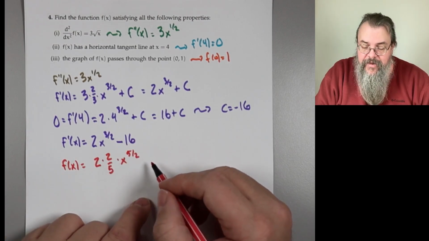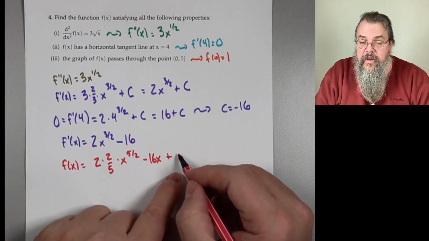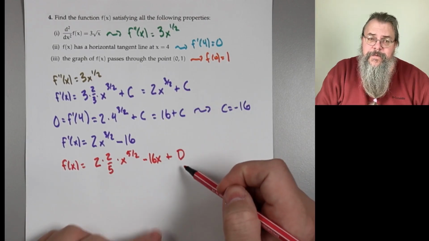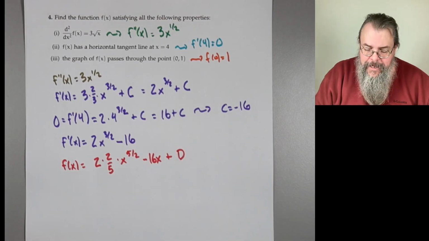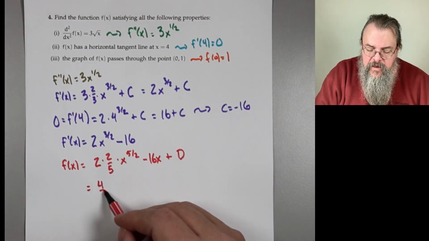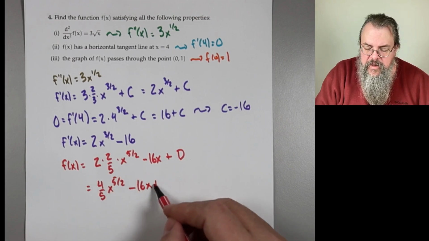Now, the integral of minus 16 is minus 16x plus constant d. It's going to be a different constant, so we should choose a different symbol, moving our way up through the alphabet. Well, okay, 2 times 2/5, that's 4/5, x to the 5/2 minus 16x plus d.